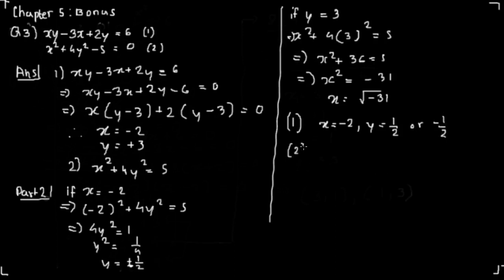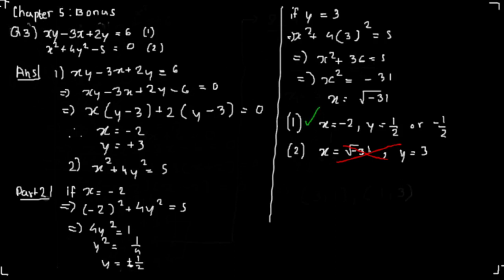And the second case is when x is equal to the root of minus 31, y is equal to 3, right? In the real plane at least, we're not talking about an imaginary plane, we can conclude that this is not possible. This cannot lie on the graph. Cross that out. So what's actually happening is that number 1 is true. Number 1 is the correct solve.